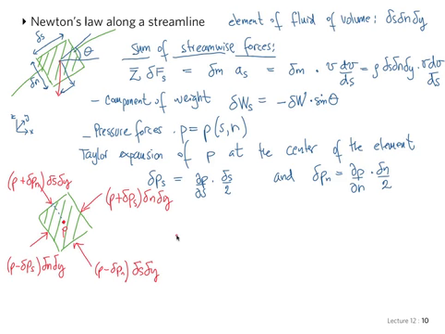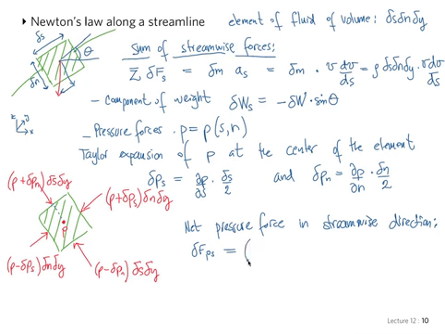Yes? Okay. So let's do the net force, the net pressure force in the streamwise direction. Pressure, streamwise. That's my little P and S indicating pressure and streamwise. So we have one force and another force.